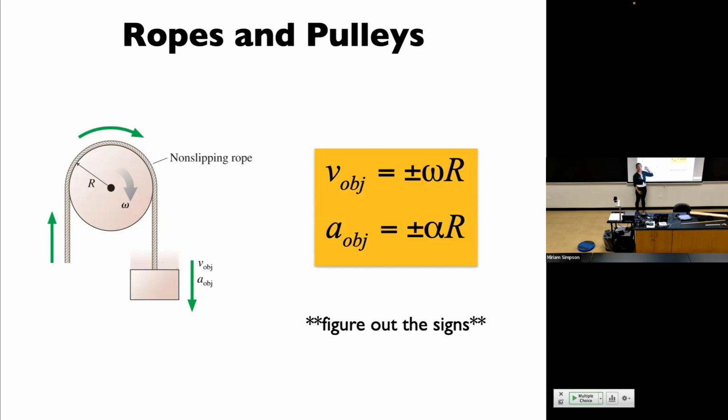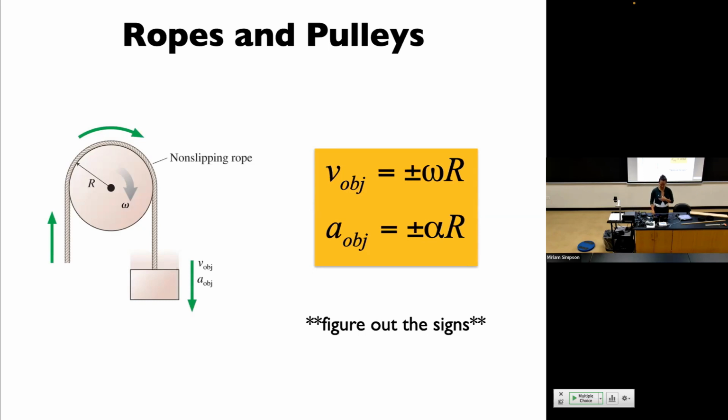Like I said, the default is counterclockwise is positive, but you can choose your coordinate systems to be opposite if you want. So you can choose this to be positive angular acceleration, and you'd also choose down to be positive, or you can make them both negative. That works too. You just have to make sure whatever the sign of this acceleration is, it matches the sign of this acceleration, so when you do your system of equations, you don't mess up.